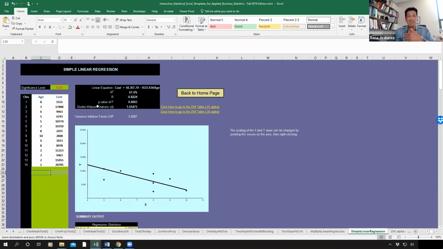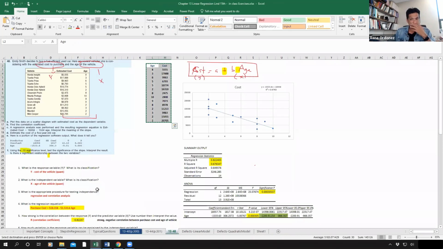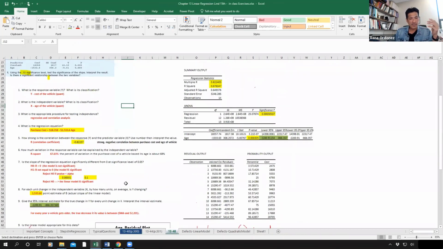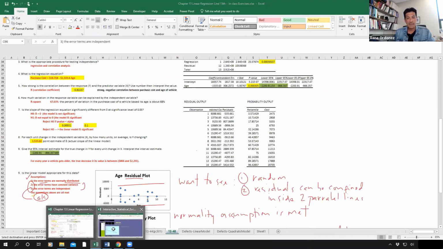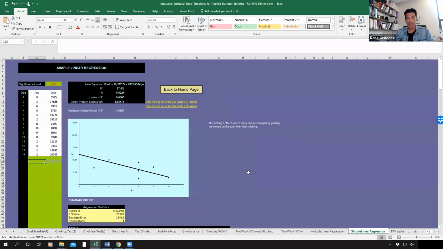But just briefly, the Durbin-Watson statistic is used to determine whether or not the error terms are independent. Okay, but typically you can use an analysis of residuals to answer this question. Okay, so are we clear so far in terms of what the output shows?